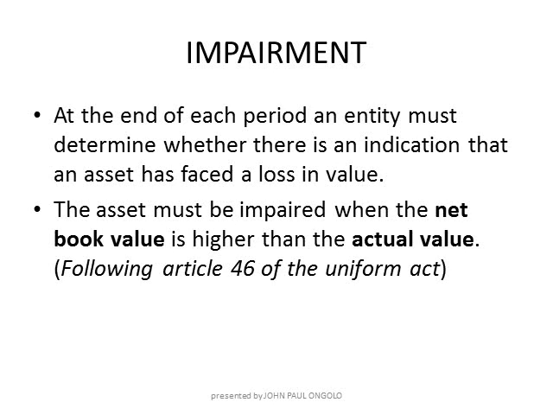This follows Article 46 of the Uniform Act on Accounting Law and Financial Reporting. The actual value of the asset must be estimated and compared with the net book value.